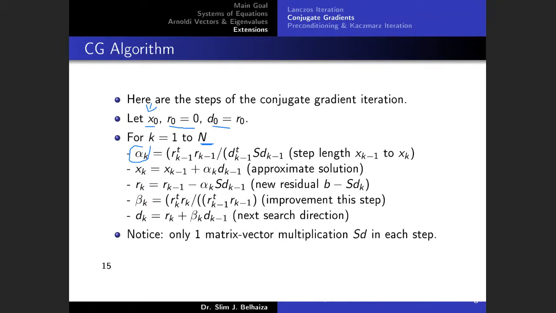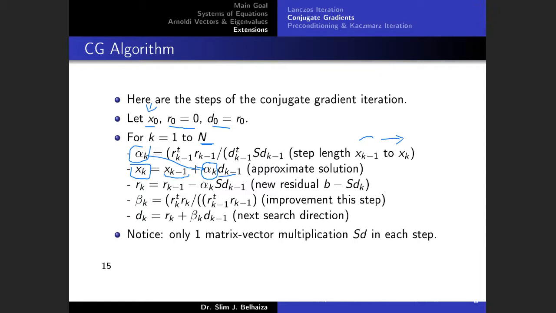And this is, in fact, the step length when you move from x(k-1) to xk. Then you find out the new value of xk. How? By taking the old x(k-1) and adding the product of alpha k, the step length, by the direction in which you are going, d(k-1).